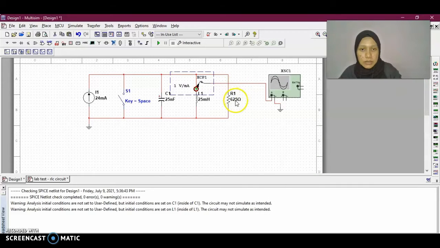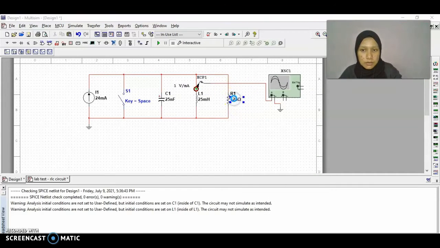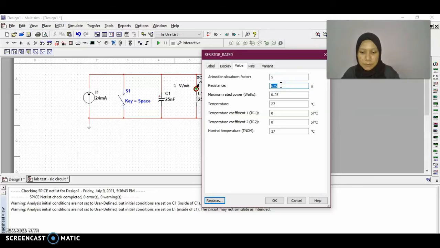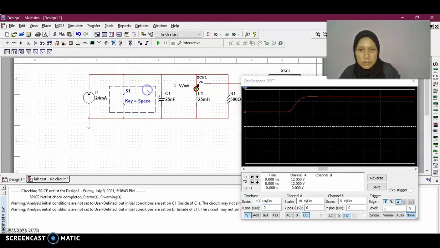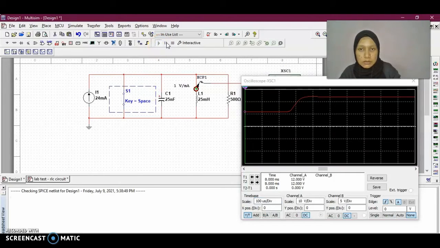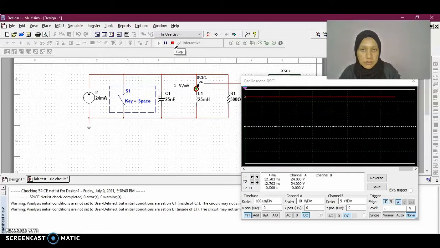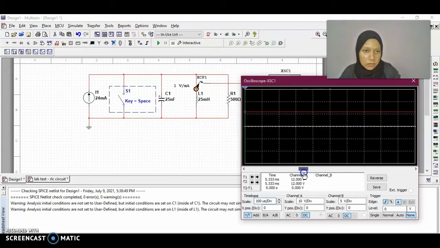So next, if we change the value of our resistor to 500, switch off the switch, stop simulation.